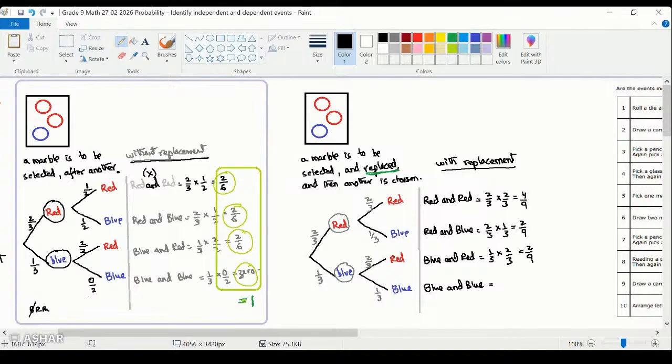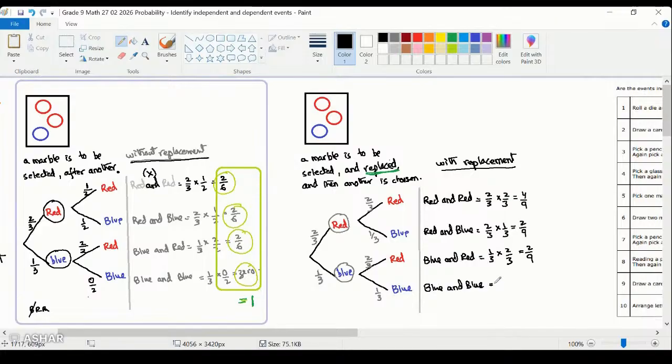But the teacher did not identify which student got which position. If you got the first position, then student B will get the second position. But if student B got the first position, then automatically you get the second position, right? So when the position matters, red-blue and blue-red are not equal, okay?